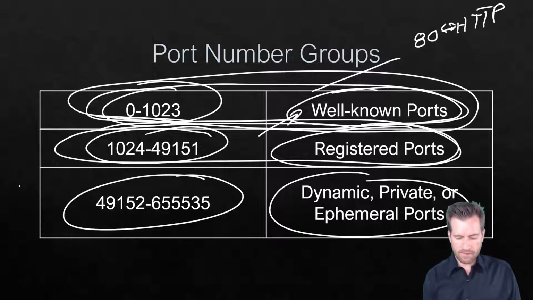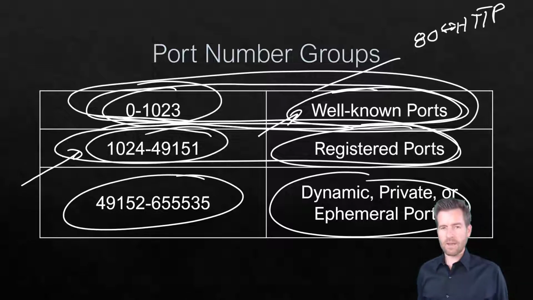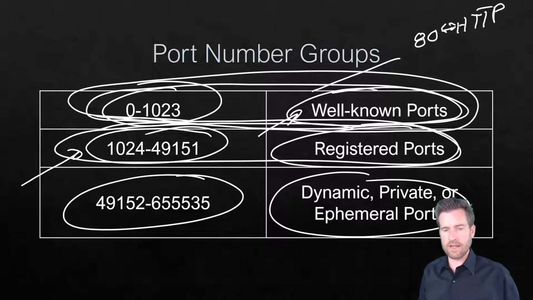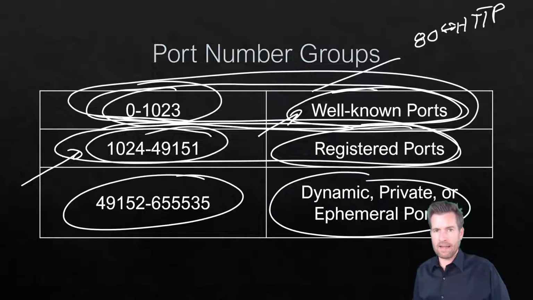A lot of organizations out there will register their product and get their ports. Do you have to register those ports? No, you could still take up one of these ports and utilize it for your purposes, and it's not registered at that point, and there's not anything terribly wrong with that.